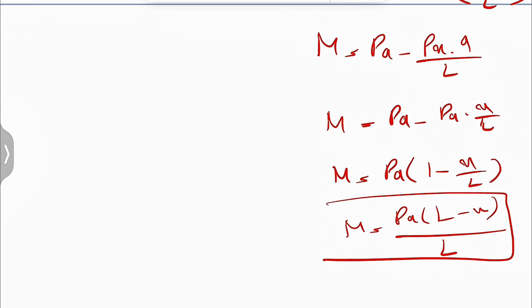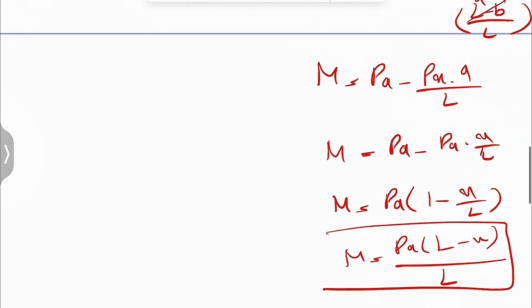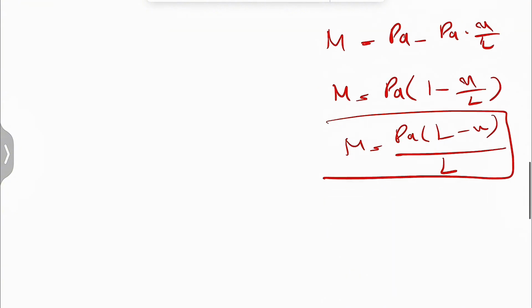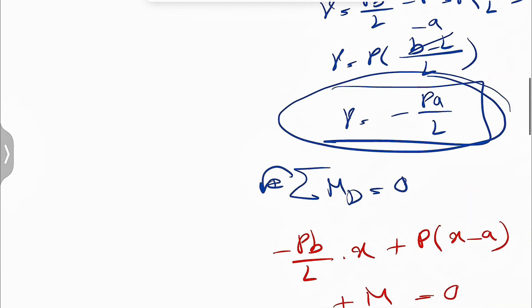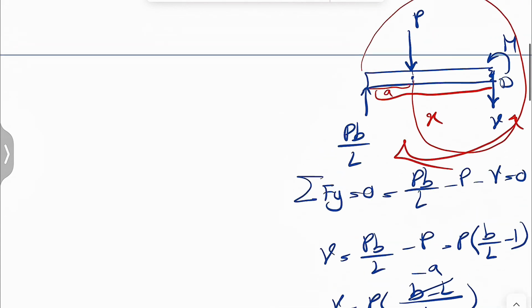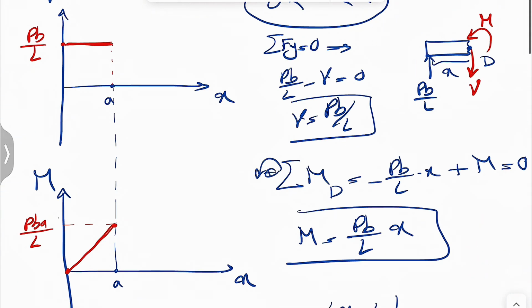And we can see that that's basically, again, a linear curve starting at A. And once we get to the point L, our M is going to be 0. So, all right, let's show the shear force first, negative PA over L. So we're going to go from A to L, show it like this.